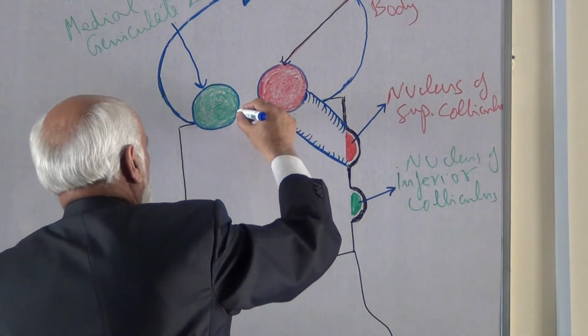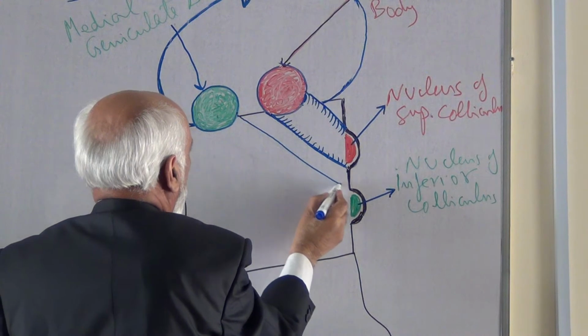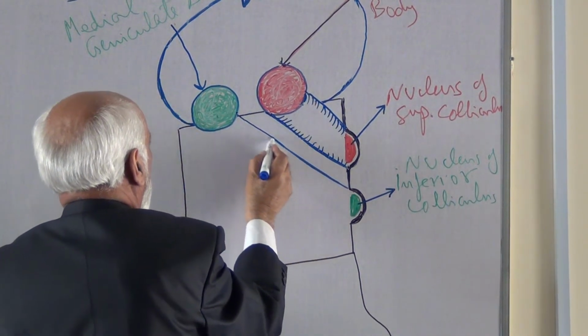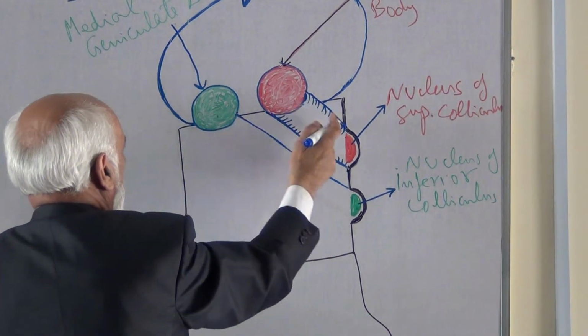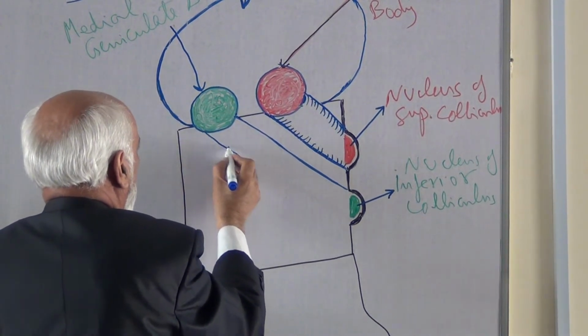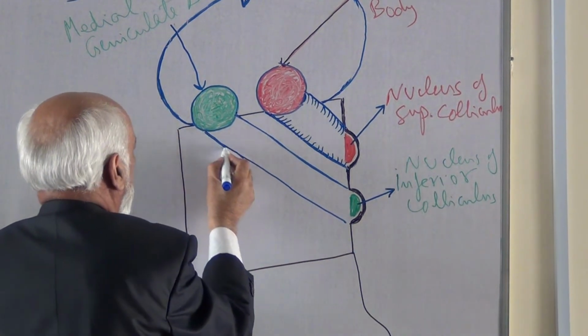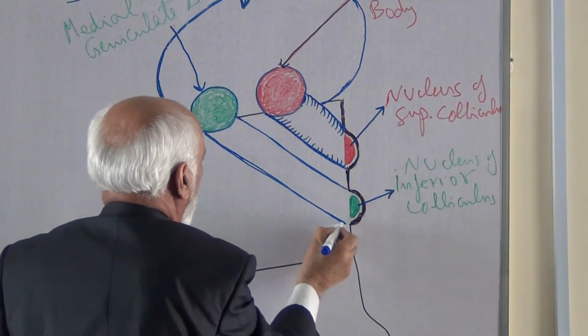Similarly, another elevation runs forwards and upwards below the level of the brachium of the superior colliculus and extends between the inferior colliculus and medial geniculate body.